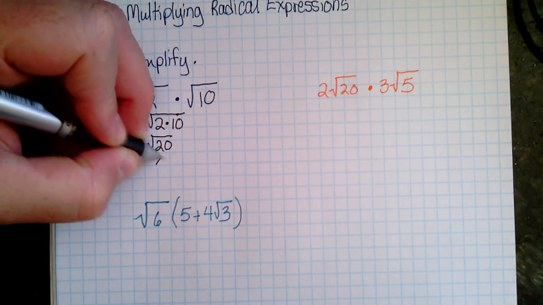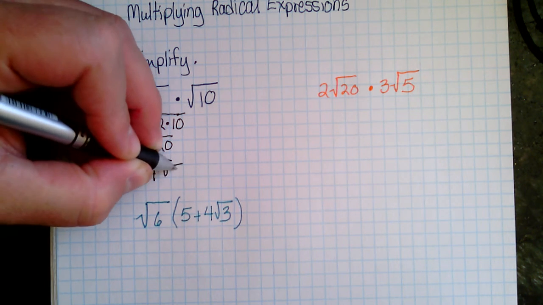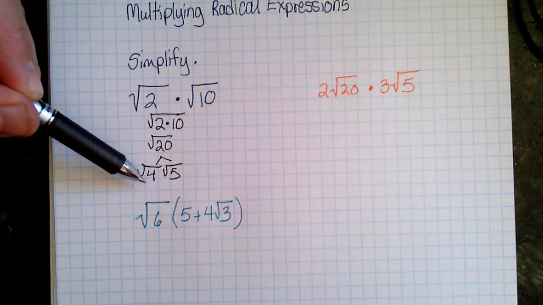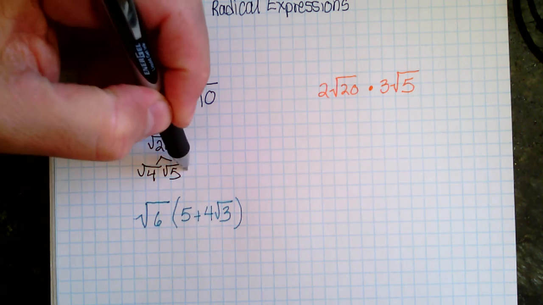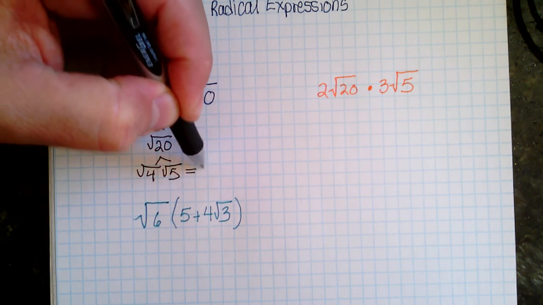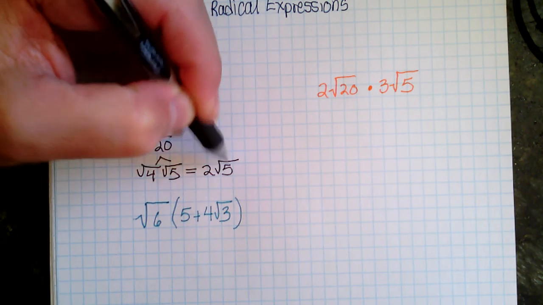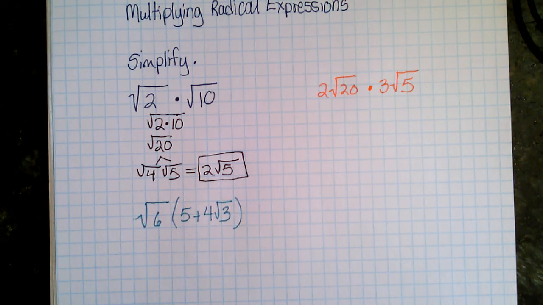And then when you try to break it down, factor that again, you're looking for two factors, one of which is a perfect square, or that can be simplified into a perfect square. So this root 4 becomes 2, and the root 5 stays exactly the way it is. And that's the solution to that problem.